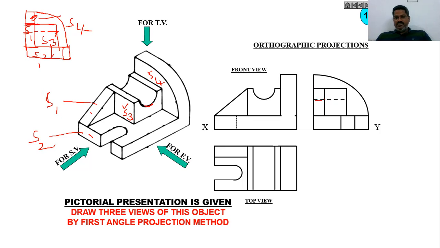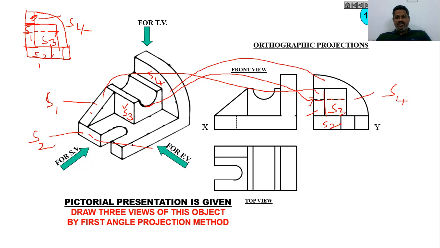As I said, we have one dotted line here, one face here, and this is our S2 and this is our S3, and similarly this is our S4. Finally we have one dotted line here, and this represents this face. S4 is this, S1 is this, and S2 is this.